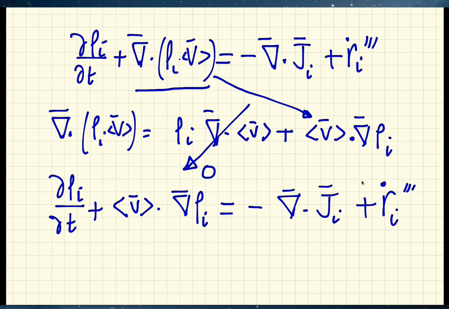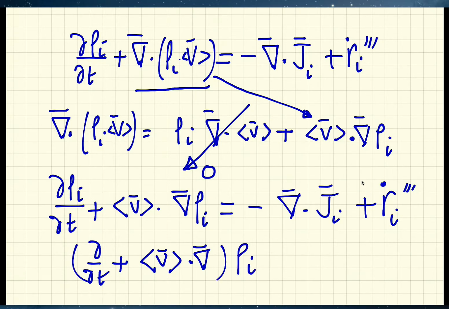We also know that we could write this in an operator form, like d by dt plus v dot grad as an operator operating on rho I, and this will be equal to minus the divergence of ji plus r sub I dot triple prime.